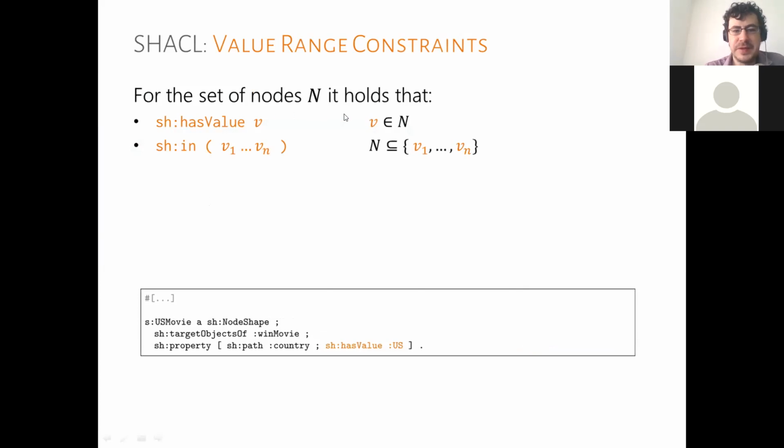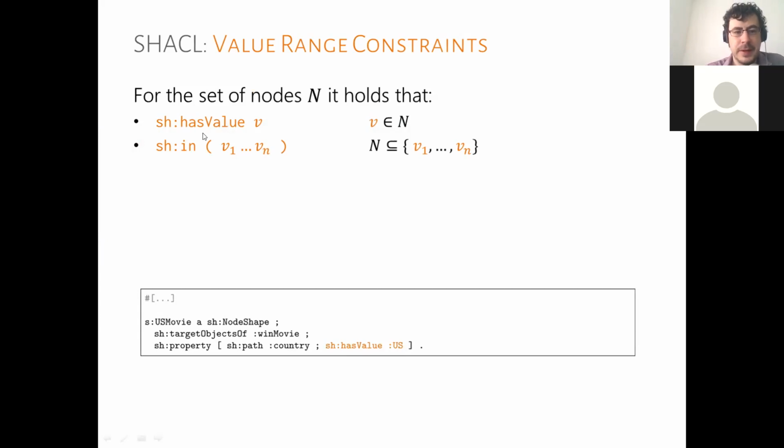For the set of nodes, what we can also specify are values: it has to be a particular value, not an instance of a class, not an instance of a data type, not an IRI or a blank node, but really a particular value. For example, we can say a US movie is a shape, and it should satisfy that the country has the value US.